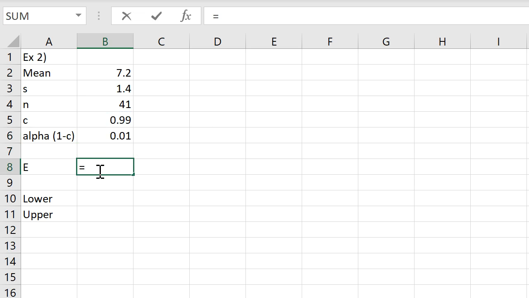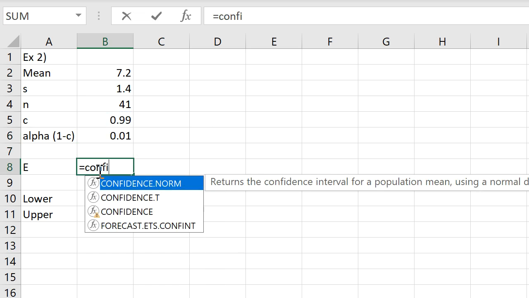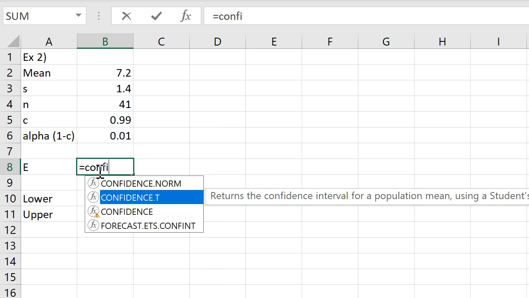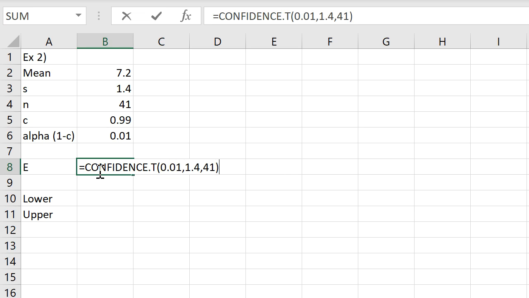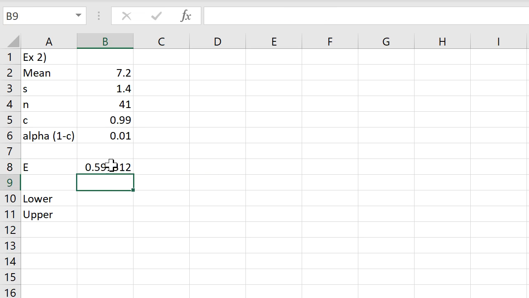For our margin of error, it's going to be equals confidence.t of our alpha, which we just said was 0.01, our standard deviation, which is 1.4, and our size, which was 41. And we get our E right here.